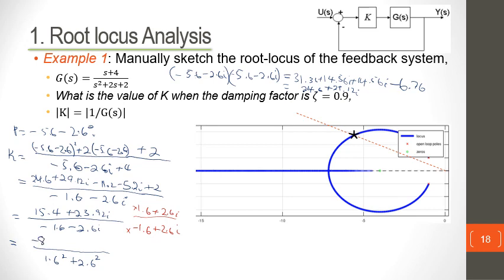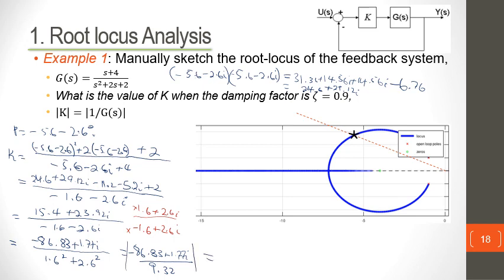I have minus 86.83 plus 1.77 i, and this gives me 9.32 over minus 86.83 plus 1.77 i.